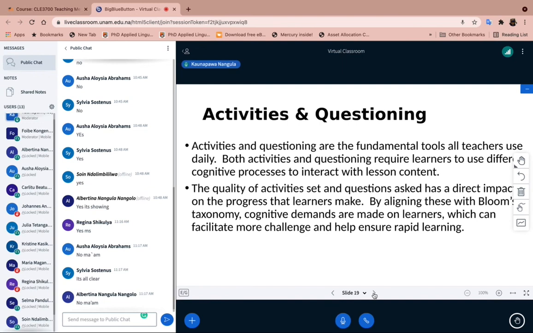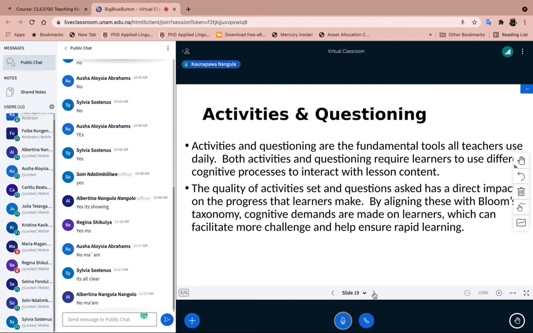I think this point we have already covered, that for you to ensure that the objective you have is attained or mastered, this will depend on the type of activities and the type of questions that you give your learners.